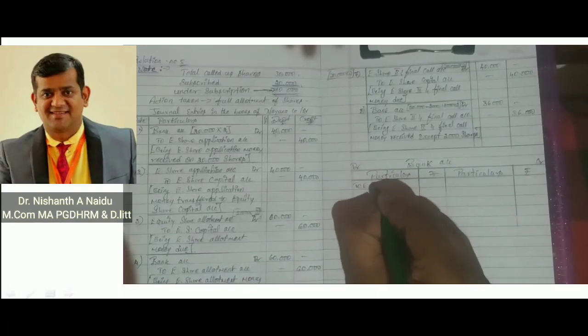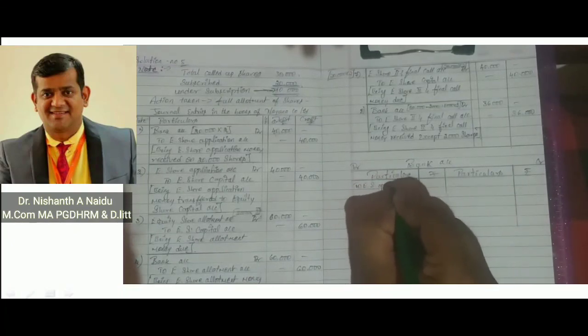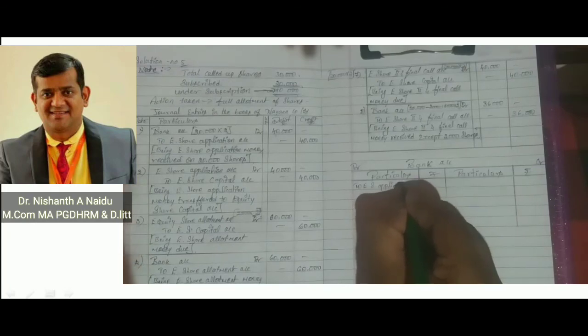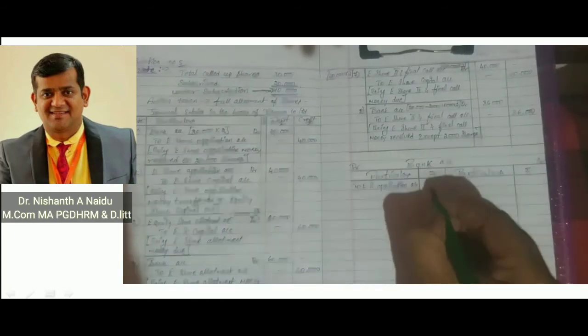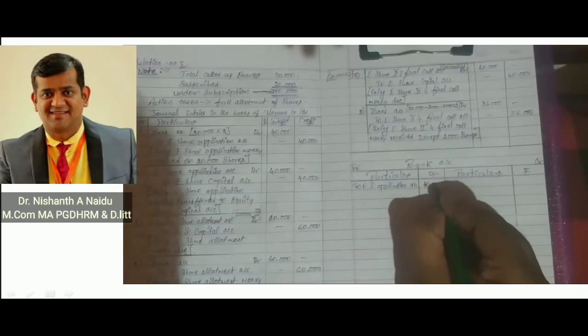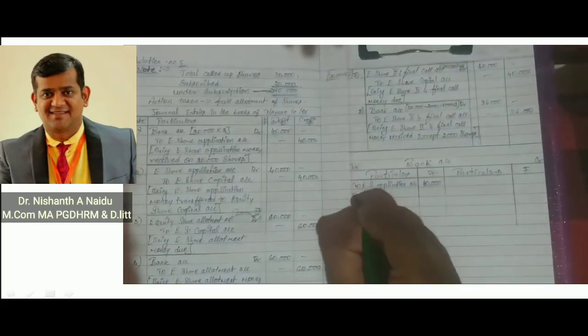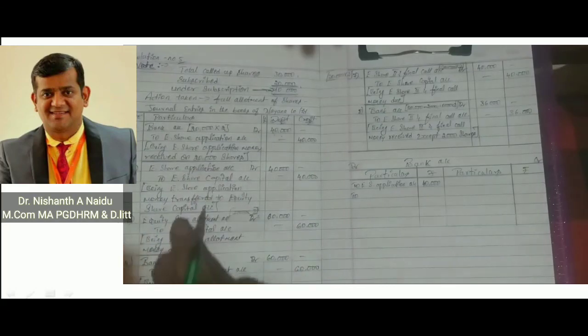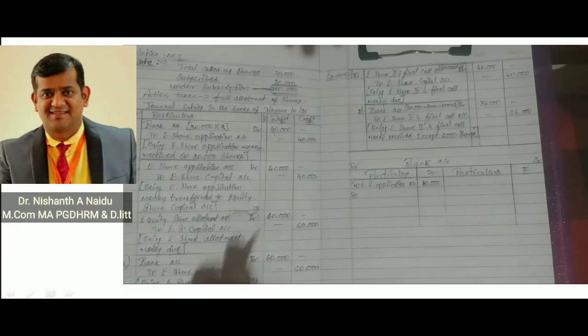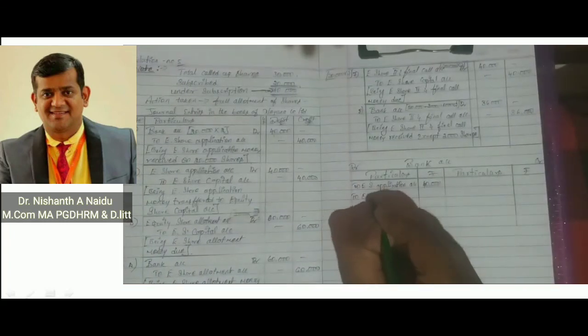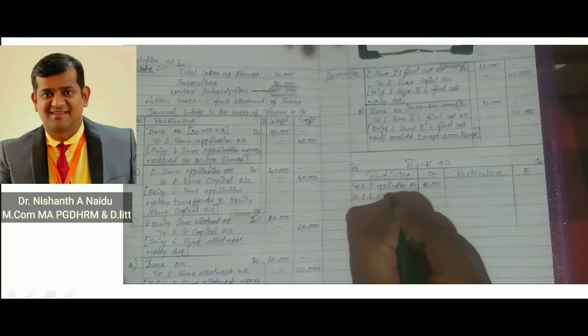How much have I received? 40,000 rupees. So I'm writing the same 40,000. Next, there is no bank; in the third entry also there is no bank. Yes, in the fourth entry there is a bank, that is 60,000 rupees, to equity share allotment account.